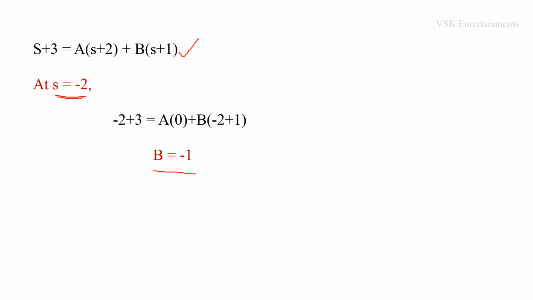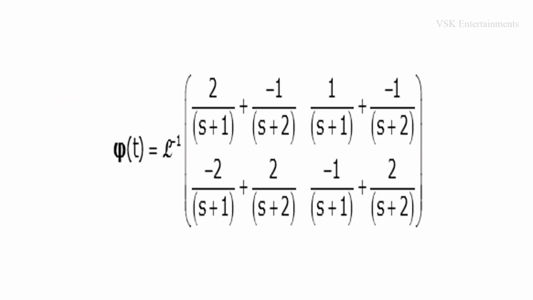Now substitute this A value as well as B value in the above factor. We will get the factored form. Similarly, we have to apply partial fractions for all the elements in the above matrix. This is the resultant matrix by applying partial fractions to each and every factor and substituting.